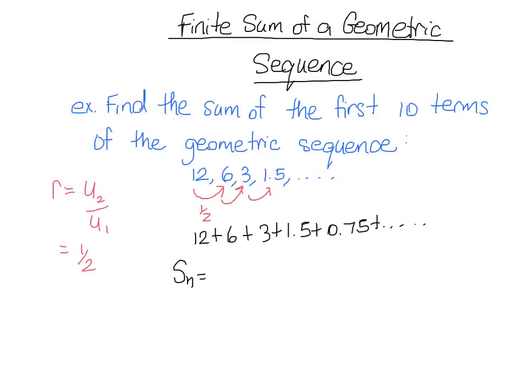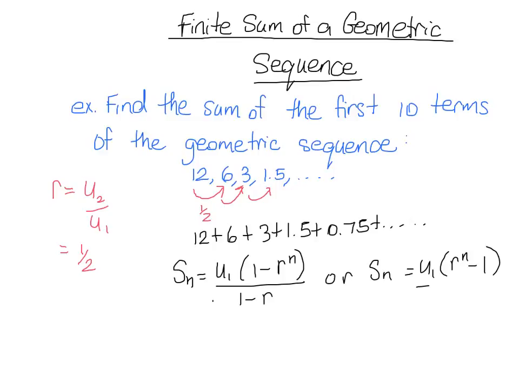So the formula for the sum of a geometric sequence is, there are two versions of it. One version is u1 times 1 minus r to the n over 1 minus r, and we'll talk about what each of these things mean, or the sum is equal to u1 times r to the n minus 1 over r minus 1.